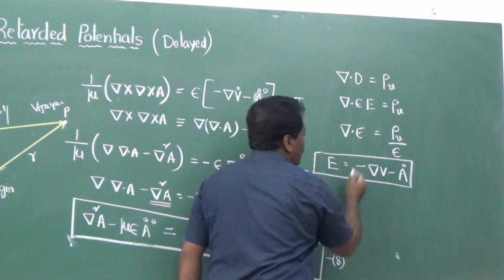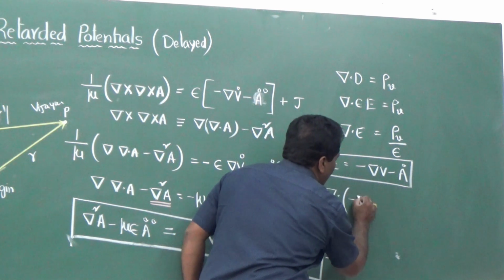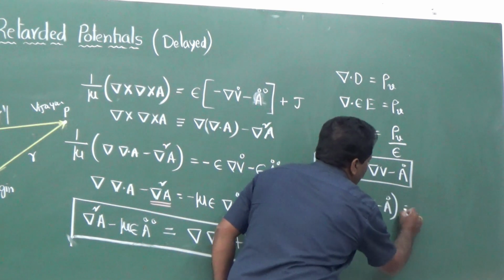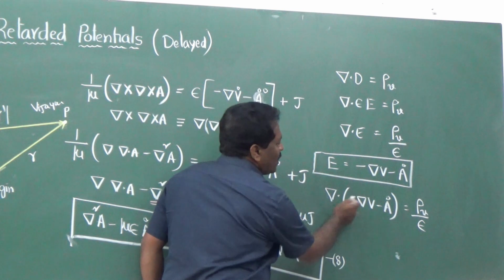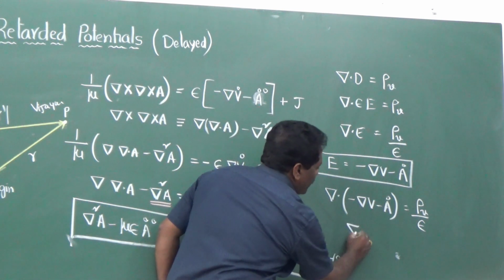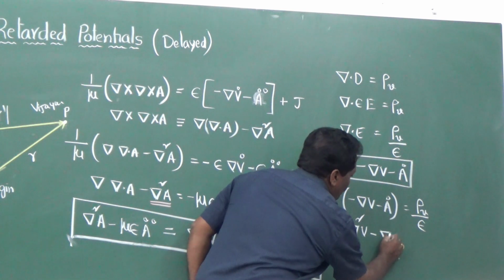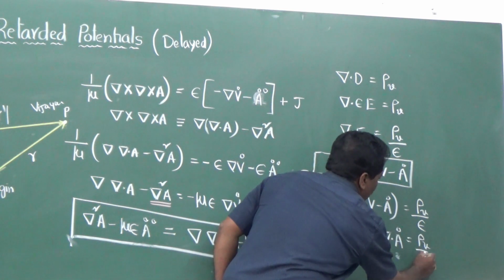So del dot of E means, what is the V value? Minus del V minus A dot is equal to rho V by epsilon. So del dot of del V is del square V, that means minus del square V minus del dot of A dot is equal to rho V by epsilon.